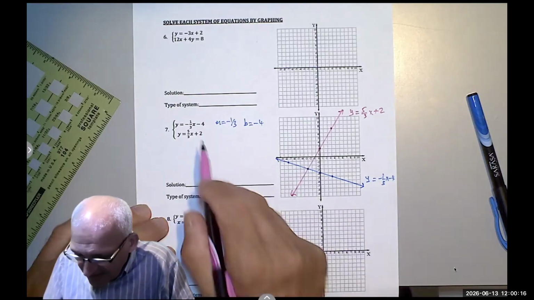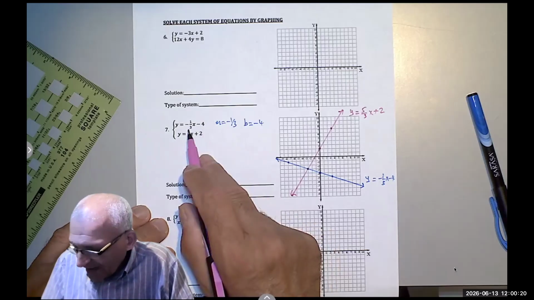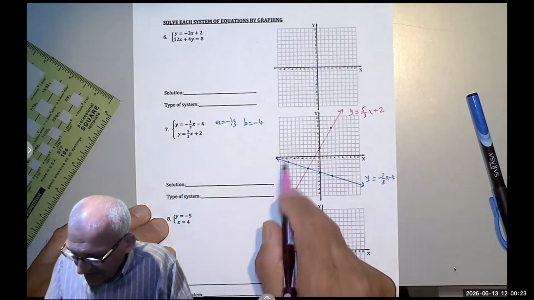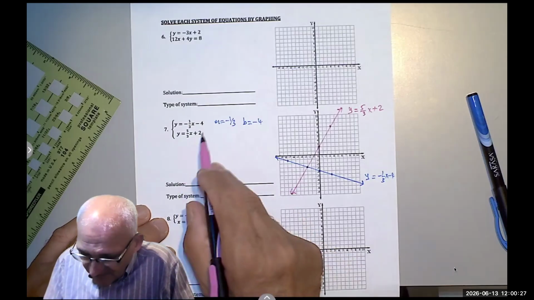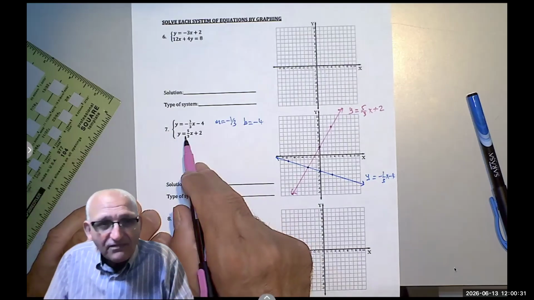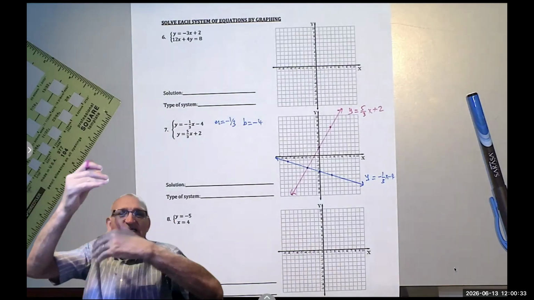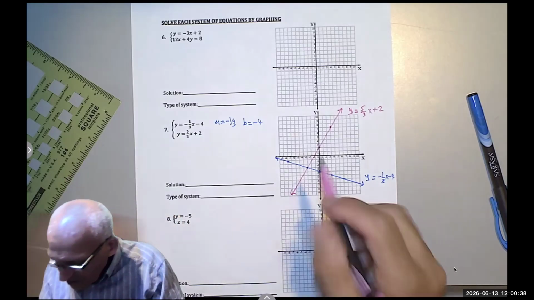If 4 over 1/3 is 12, I know it's going to intersect at 12, but 12 is outside the page. Or if I divide 2 by negative 5/3, it is negative 6/5, like negative 1.2, which is this point.